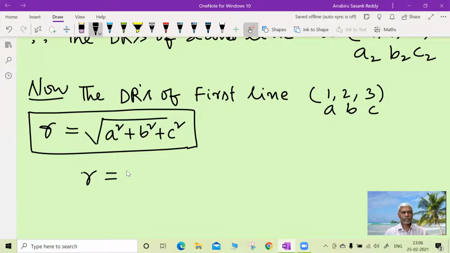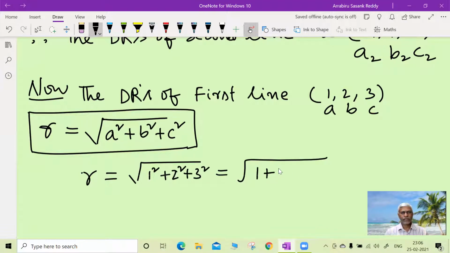So r is equal to root of 1 square plus 2 square plus 3 square, 1 plus 4 plus 9, that is root 14.